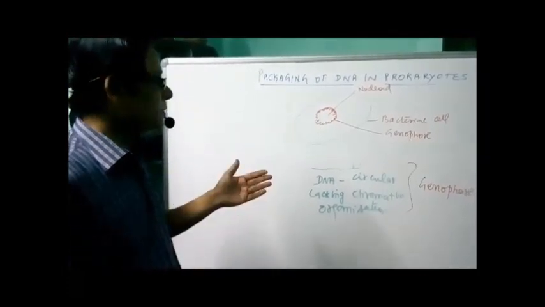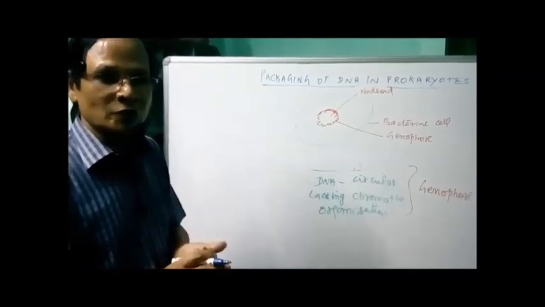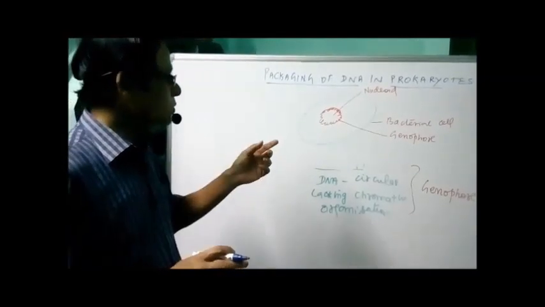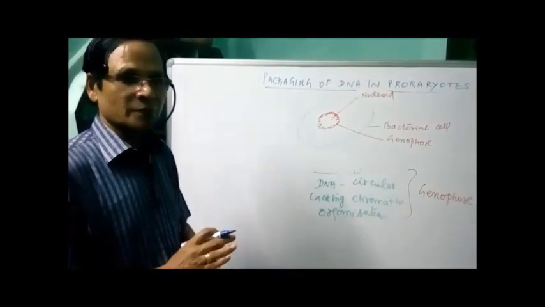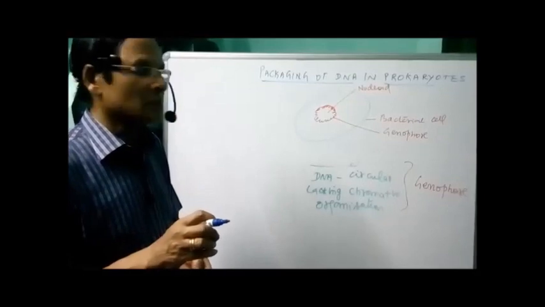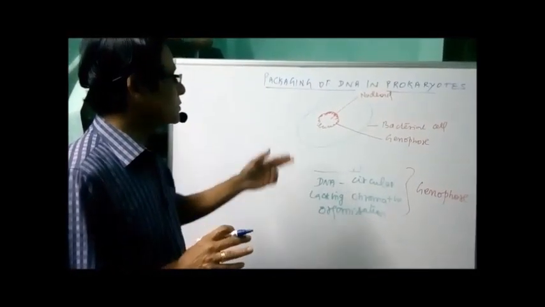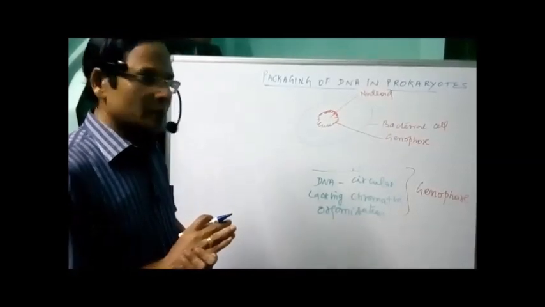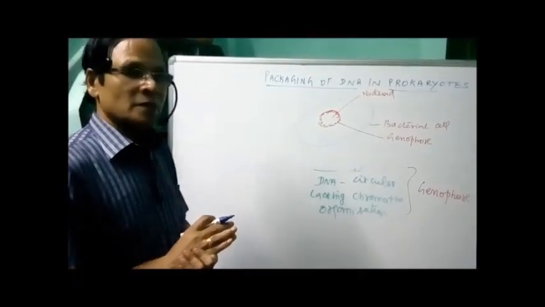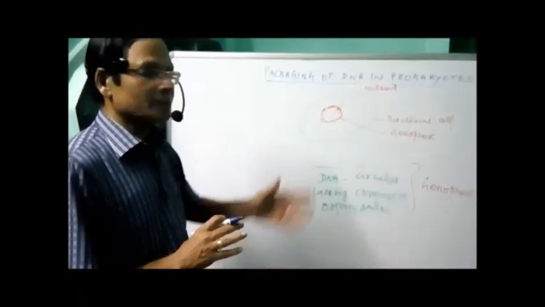Because of these amino acids, the proteins are positively charged, so they hold the DNA in that region. The region where the negatively charged DNA is held by positively charged protein is called the nucleoid. In that region, the DNA forms large loops held by protein.